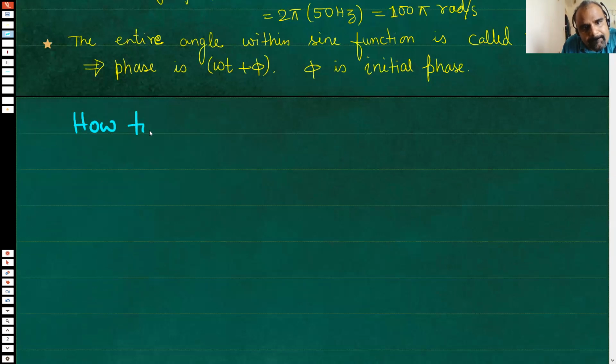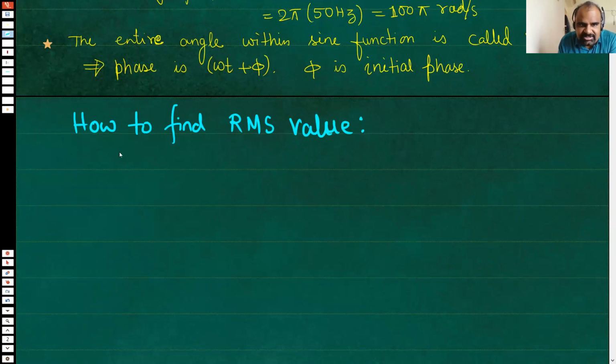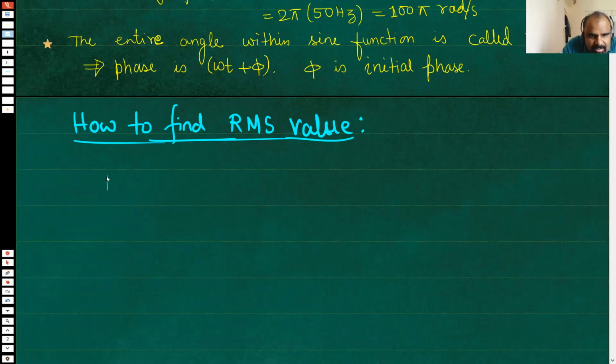How to find RMS value. Now I'm going to teach you this taking current as my example, but the same thing will be valid for voltage also. Well, RMS means root mean square.